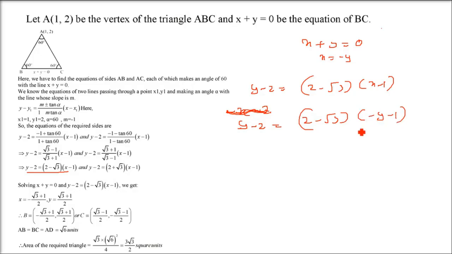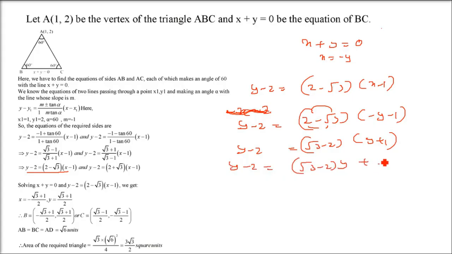So let us remove this minus sign first. If I take minus, just change the signs of root 3 and 2. Now this is y plus 1, this is y minus 2. Now multiply the right hand side: it is root 3 minus 2 into y plus root 3 minus 2.